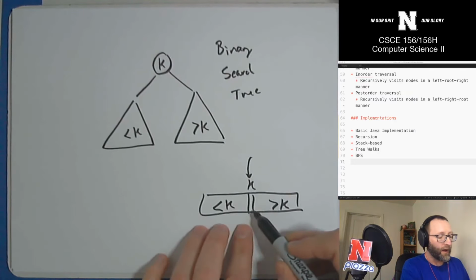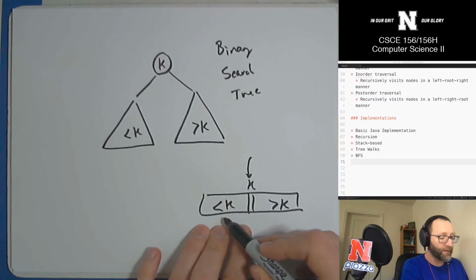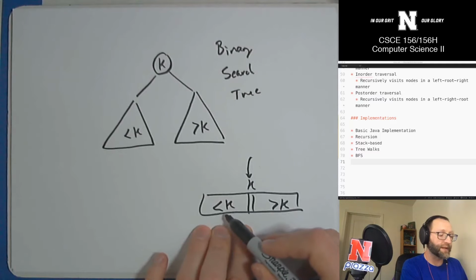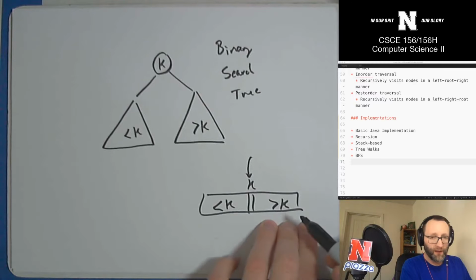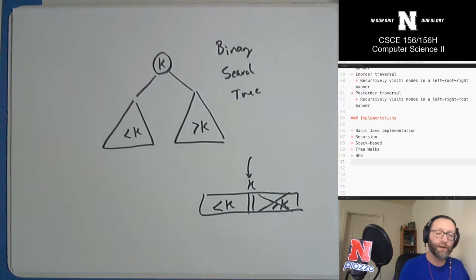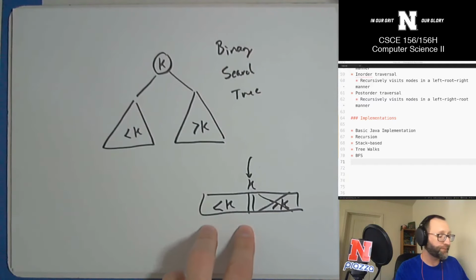Or I know that it's in the left half of the list because the thing I'm searching for is less than k. Or I know it's in the right half of the list because the thing I'm searching for is greater than k. In either case, I've cut down the size of the number of elements that I still have to continue to search, binary search, in half.